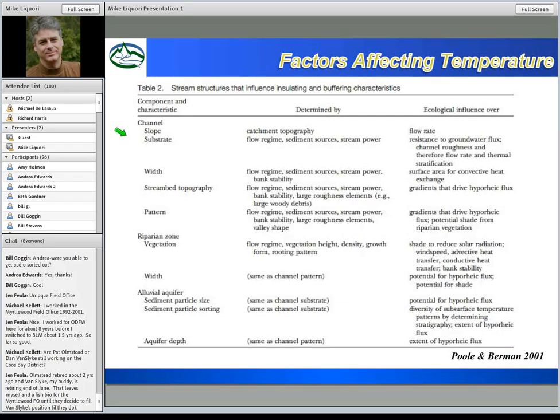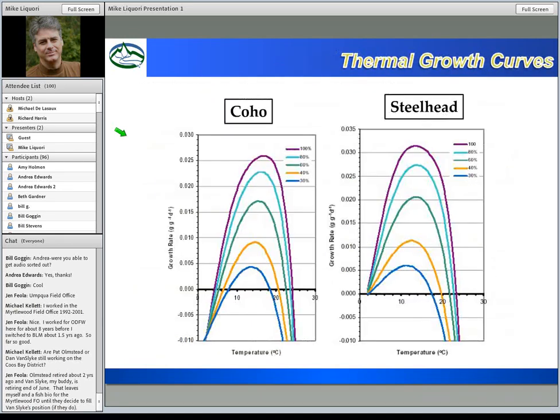Some of these different functions, and I won't go into all of these, include things like the channel slope, channel width, stream bed topography, the pattern of the stream, riparian zone vegetation, the alluvial aquifer and how much hyporheic flow and exchange there is, what the condition of that hyporheic exchange looks like. So it can get fairly complicated.